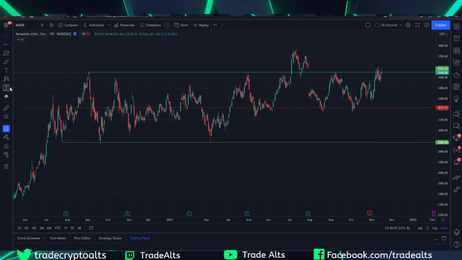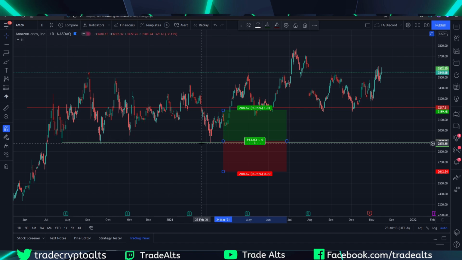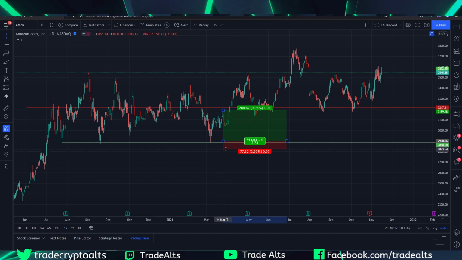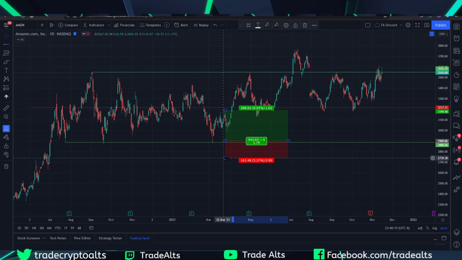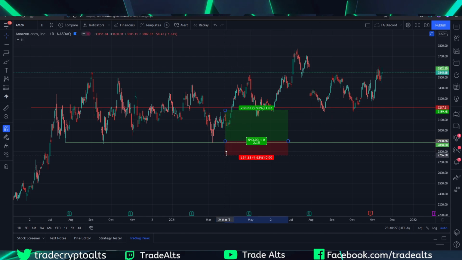Because for myself, I'll just use this as an example, I'm looking for an entry somewhere near the range low. Your invalidation for this is a little tricky, and I think it's a good idea to use previous market structure. It depends. You have to see if this trade makes sense to you. Is the risk reward good enough? But that's kind of far.